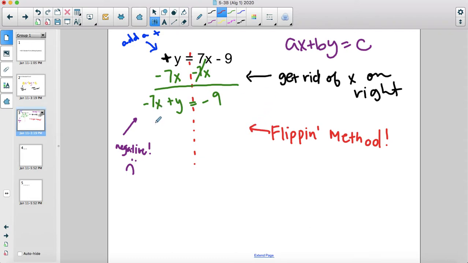So negative 7x is going to become positive 7x. Plus y is minus y. An equal sign stays an equal sign. Negative 9 becomes positive 9. And now that is our final answer in standard form. 7x minus y equals 9.